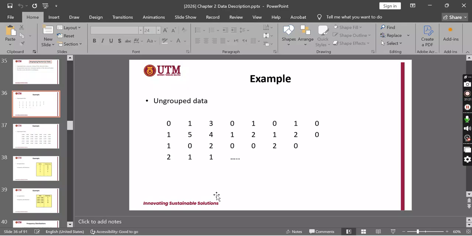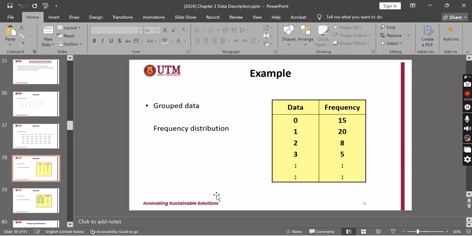If you convert this one to grouped data, this is the frequency. For example, in the huge data set, we have 15 zeros, and we have 28, 21 sorry, and we have 82, and we have 53, and so on for the other numbers.